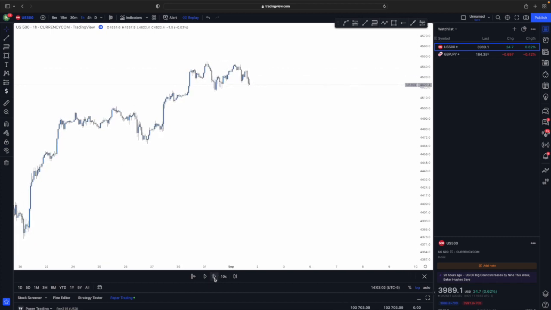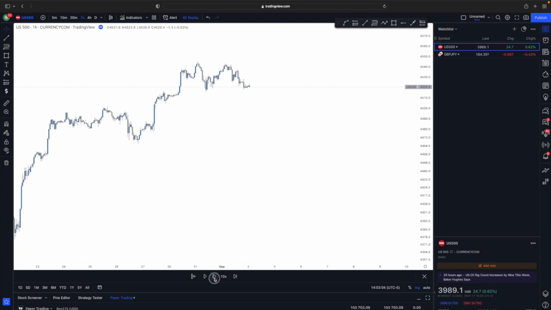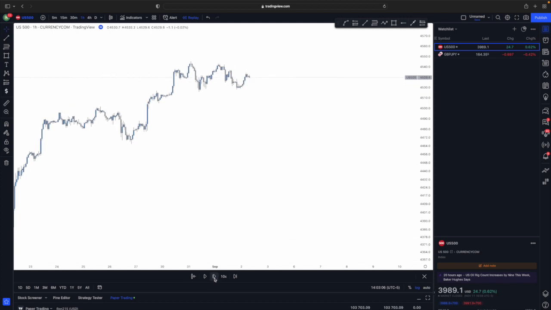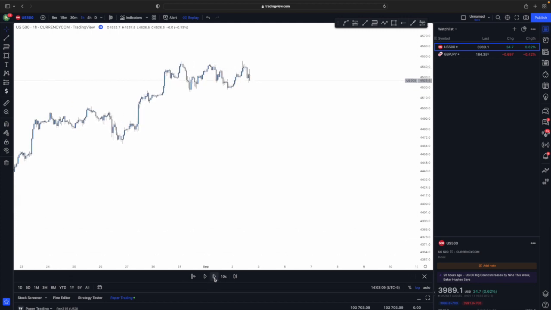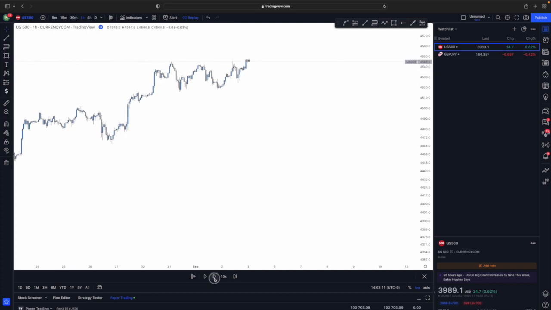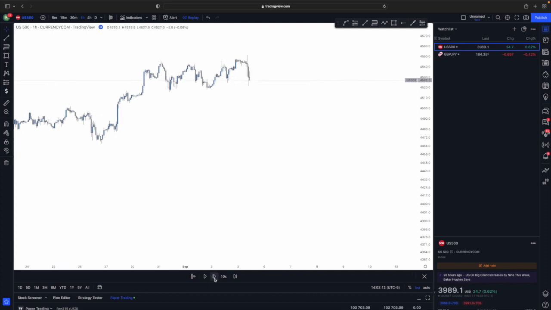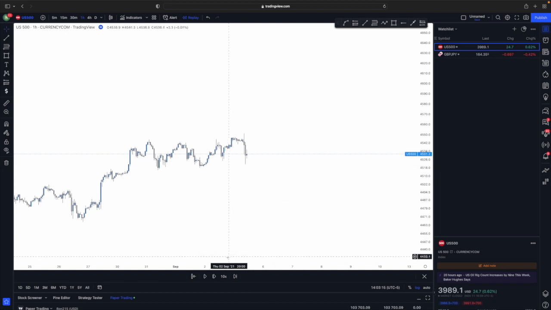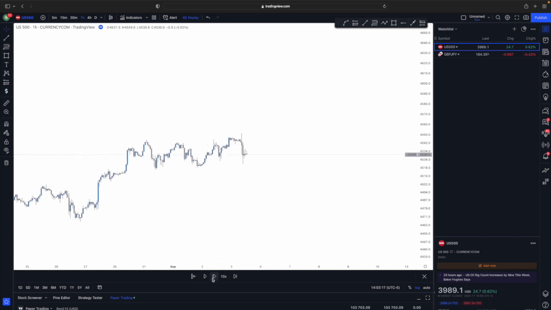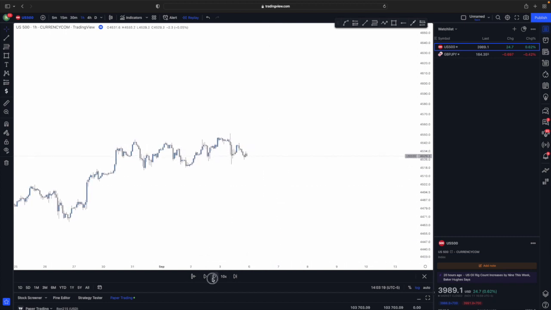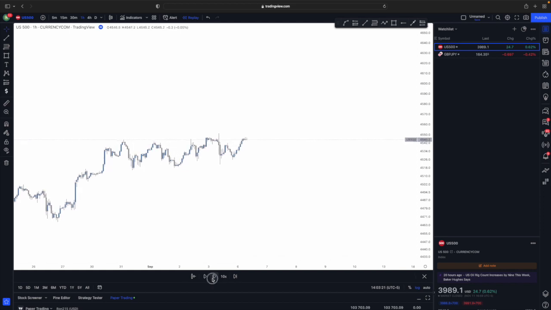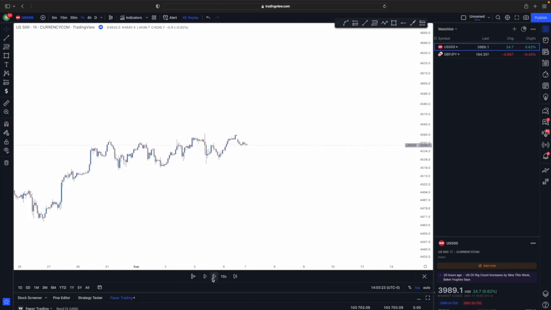Okay, price is starting to consolidate. Nothing going on yet. More consolidation. So we don't want to really enter anything yet. Price is just doing what it do.